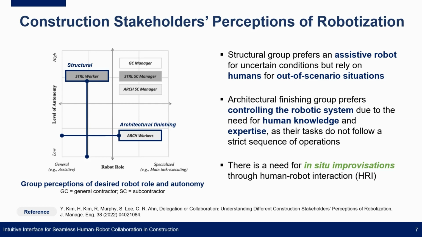Even though robots are adopted, robots still need human skills to fine-tune the task and to address out-of-scenario situations, which means that there is a need for in-situ improvisation when we are designing human-robot collaborations.